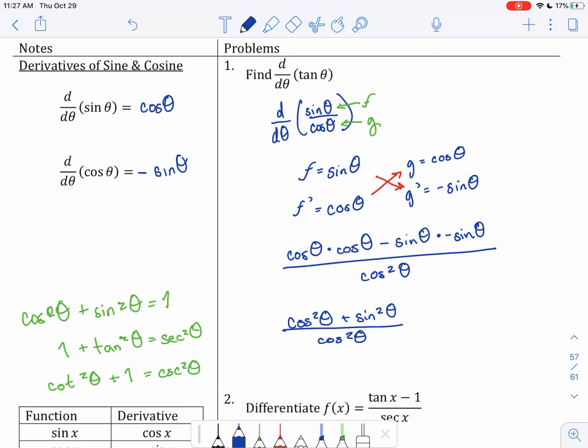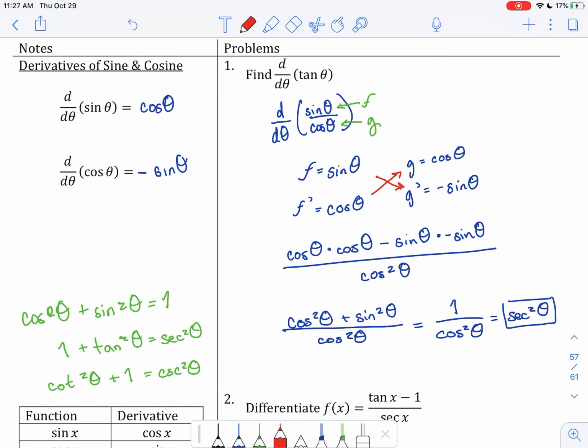So these are our Pythagorean identities. So in this case, we then get 1 over cosine squared theta, which 1 over cosine is the same as secant squared.